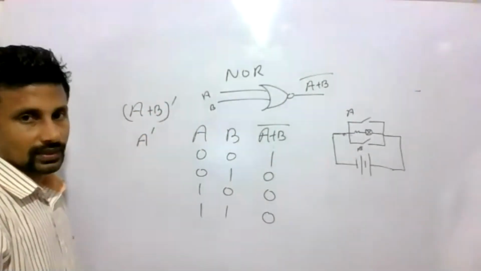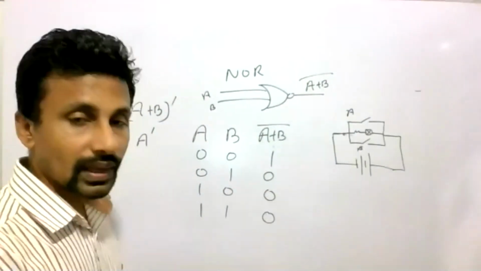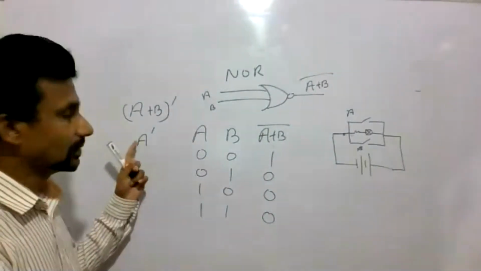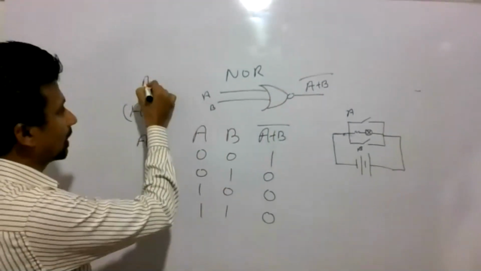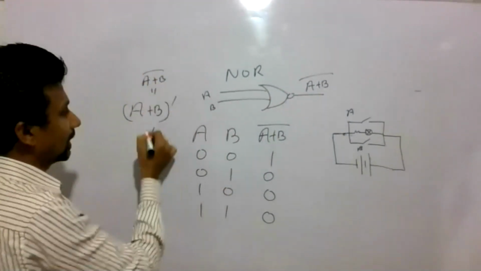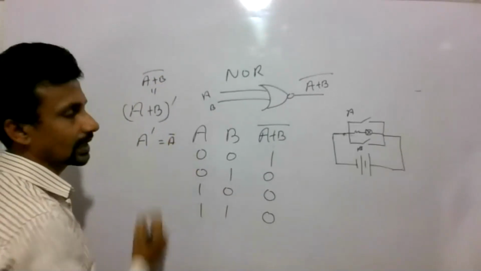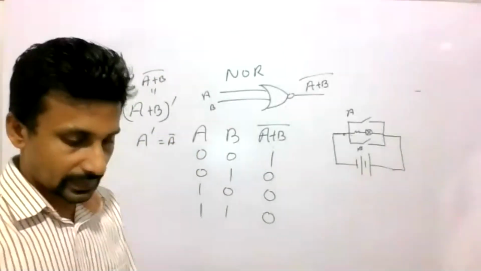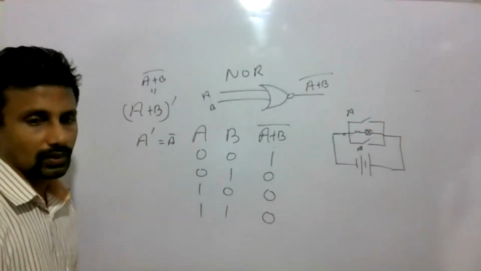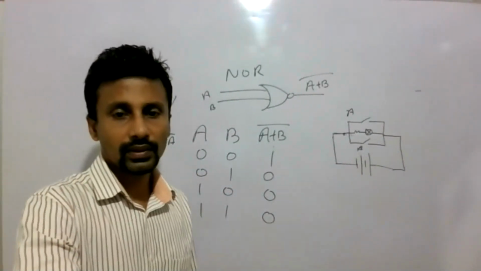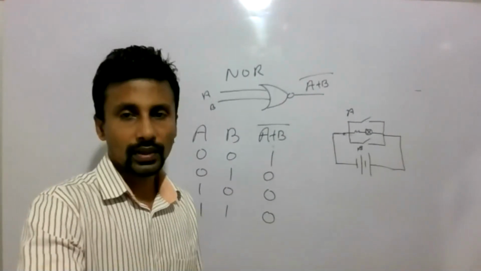That is also possible. Some books, some papers you will get something like this. Don't worry. Same thing. This is called A plus B dash. Same thing here, A dash means the same thing. The same thing can be represented in different ways in different books. So remember that one also. Okay. I am giving you the poll. Put your answers.